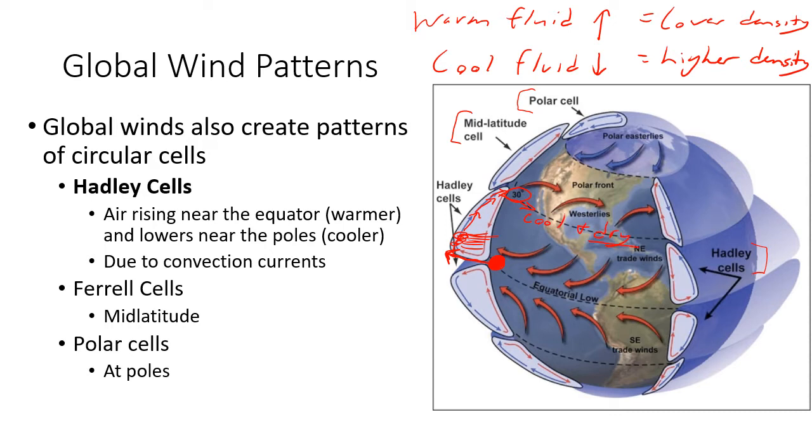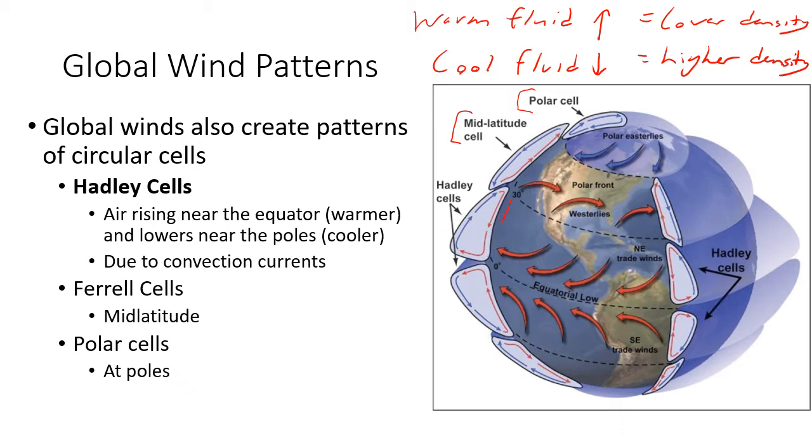Then that cool, dry air is going to warm as it moves down towards the equatorial region and complete the cycle. Nature does not like a vacuum. You cannot have the absence of air in any part of the atmosphere because other air will move in to fill its gap. And that's one other thing that we would experience as wind.